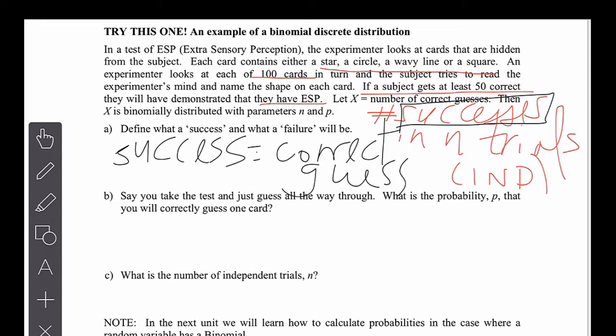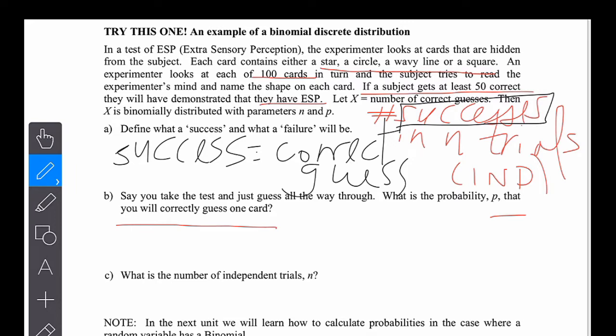Number 2, do we know p? p is defined as the probability of a success each time. Do we know that? Okay, let's look back.